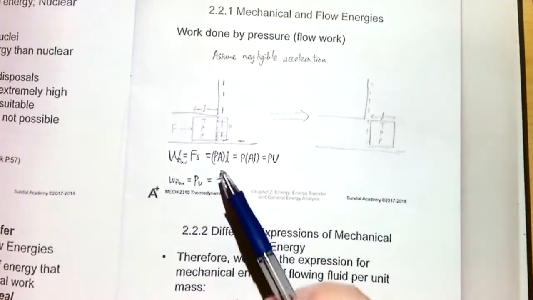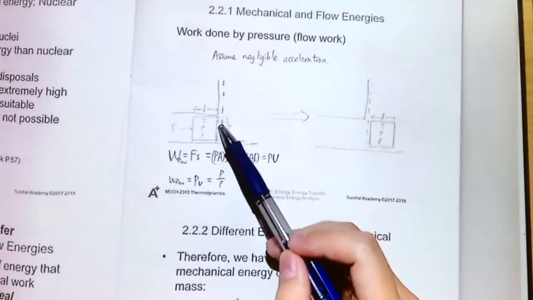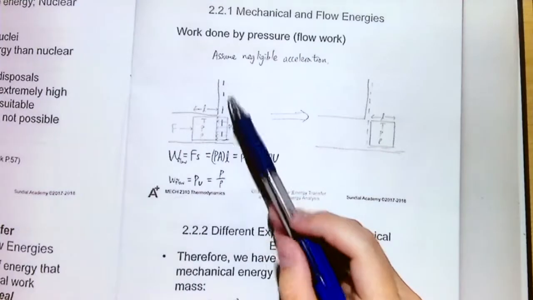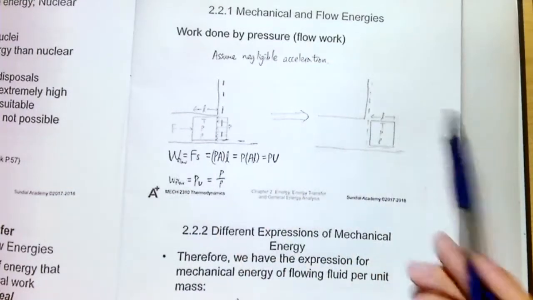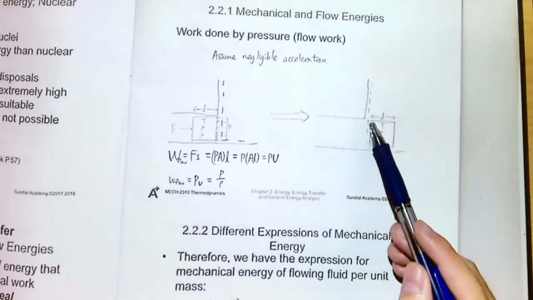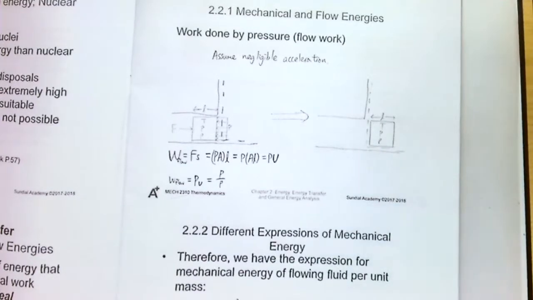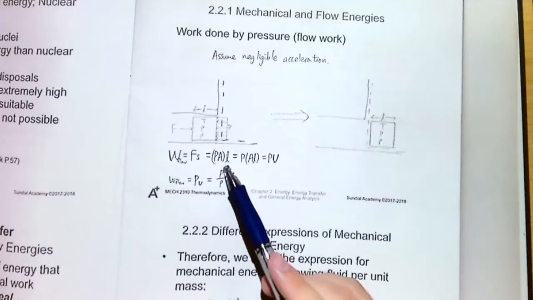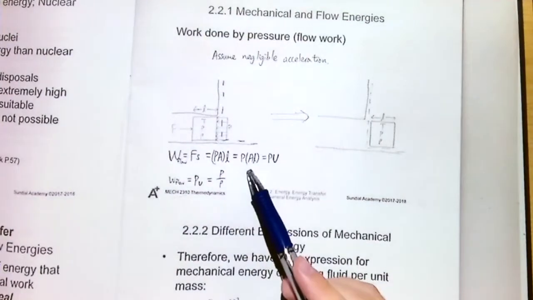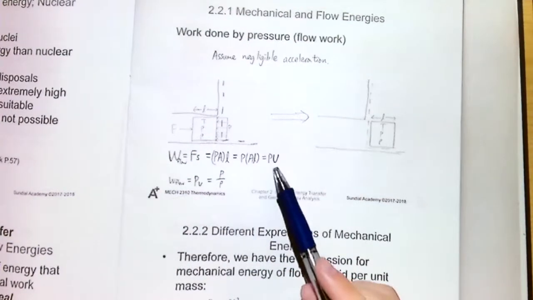So this S is actually equal to L, because originally the right hand surface touches this boundary, but after we have pushed this fluid element, the left hand surface touches this boundary, so the displacement will be L. So we can rearrange the terms by putting the bracket into A times L, and you will see that it will be equal to P times the volume, P times V.